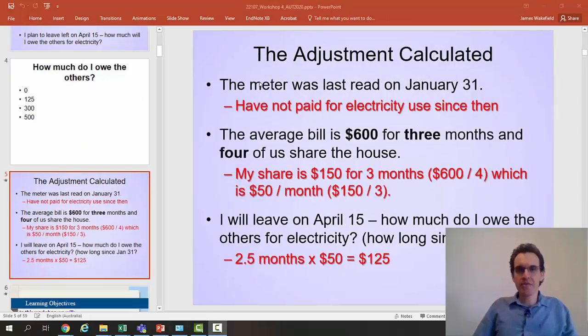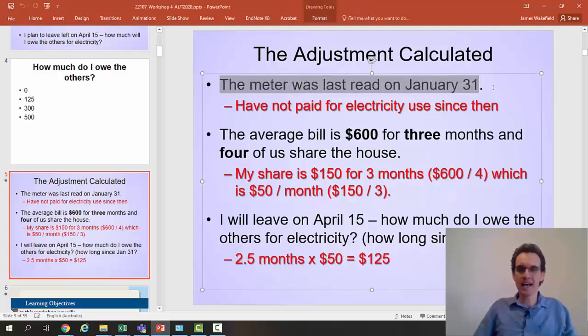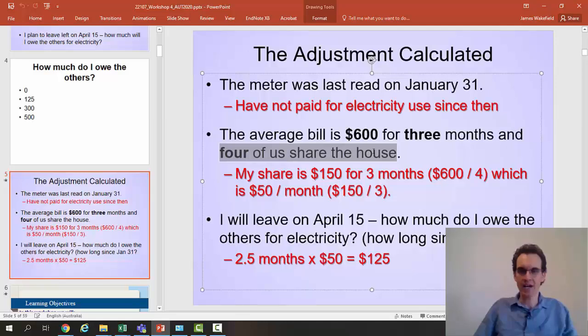So let's break the information down here. As we know, the meter was last read on January 31. So no electricity has been paid for from January 31 to April 15. The bill is $600 on average for 3 months. 4 of you are sharing the house. So that means $600 divided by 4 equals $150 each person.